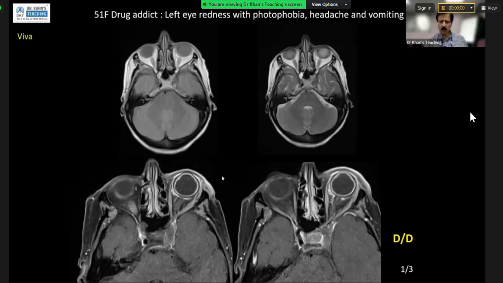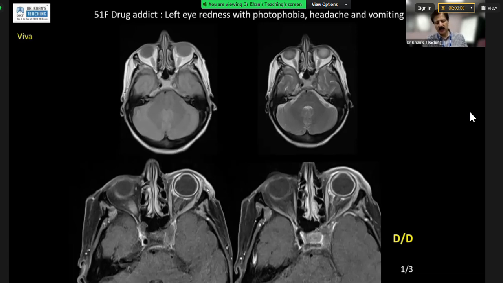So what's happening to the orbit? There are congestive changes due to congestion. Why will it enhance then if it's simple as that? There is an adjacent spread of infection.